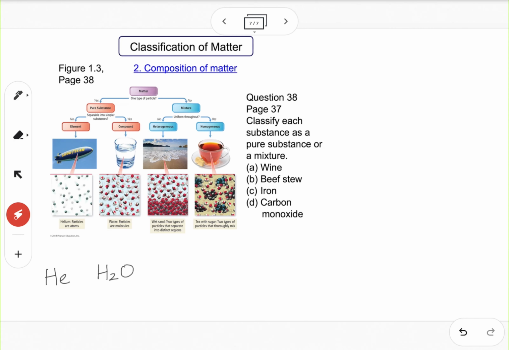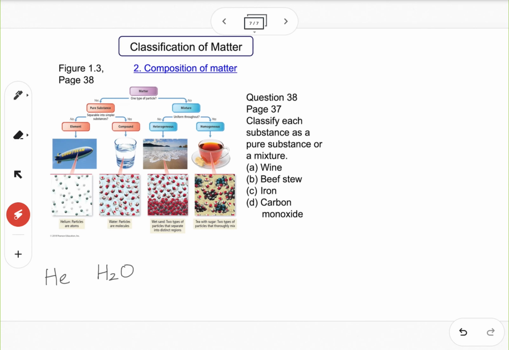A quick practice here. Classify each substance as a pure substance or a mixture. First one, the wine. For wine, it's actually a mixture, because it has at least two components: alcohol, the ethanol, and water. And probably if you are talking about better wine, you probably have some other trace amounts of chemicals inside so you have a different smell, those kinds of things.